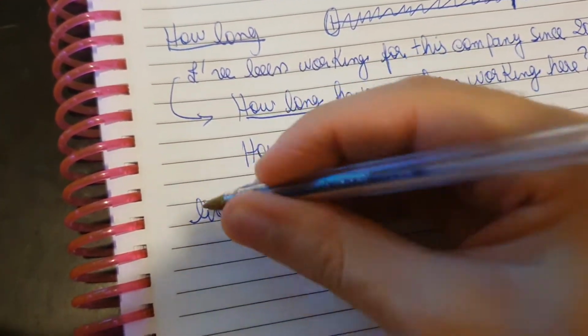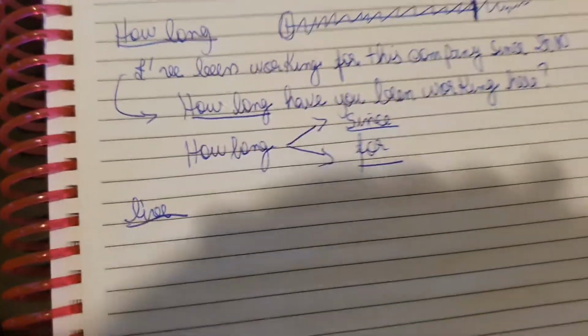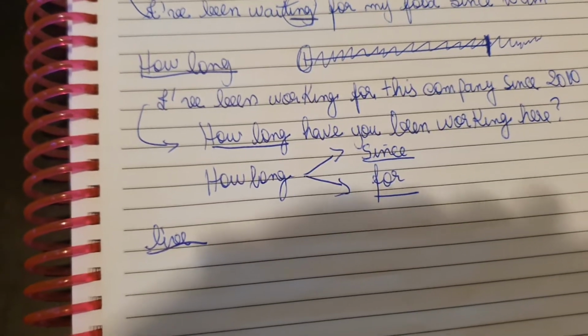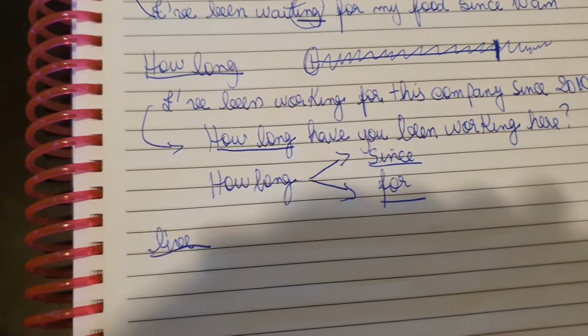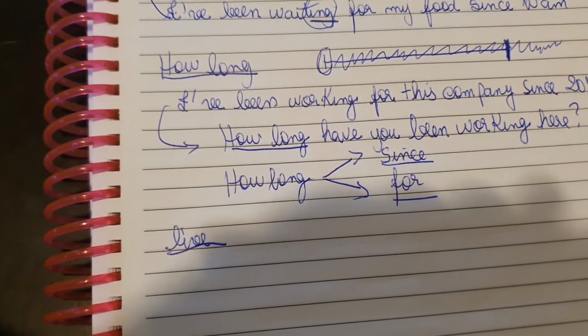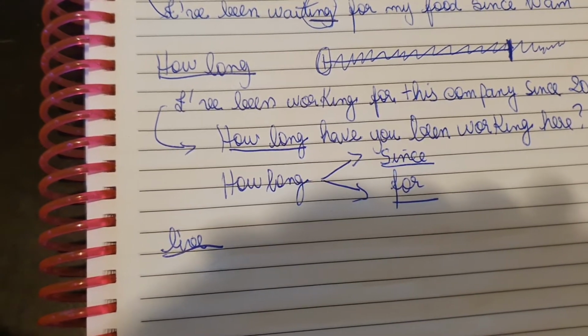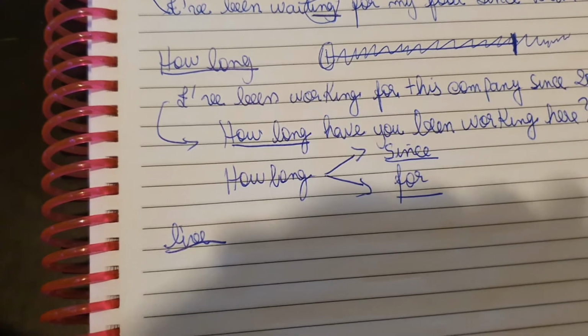Live. For example, I live in Botafogo, right? It's a borough here in Rio de Janeiro. I have been living here for some time. So let's ask a question or give an answer of the time I live here.